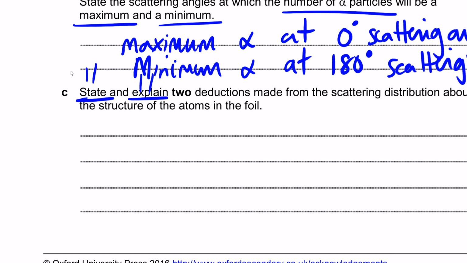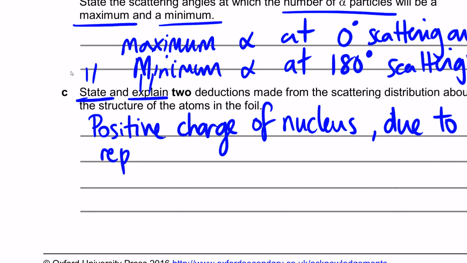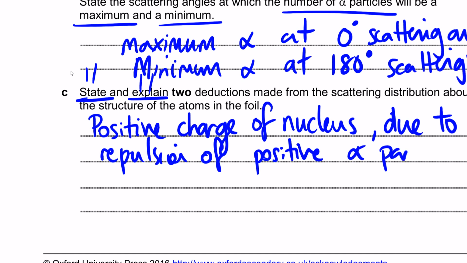Probably the key one, if we're talking about an alpha particle with 2 protons, is the positive charge of nucleus. Okay. Due to strong repulsion of positive alpha particles. Okay, so that's 2 marks in the bag. So I'll state and I'll explain.